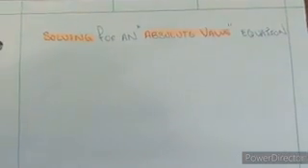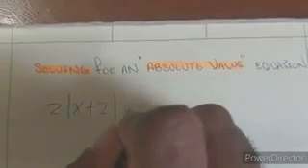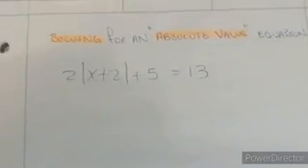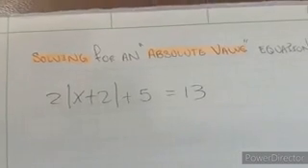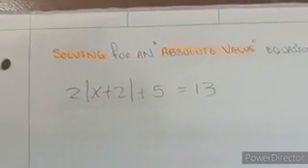And so let's say that we have the equation 2 times the absolute value of x plus 2, plus 5, equaling 13. We've studied how to solve equations and how to simplify.